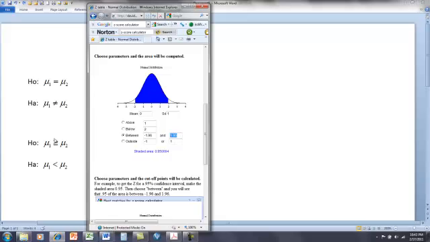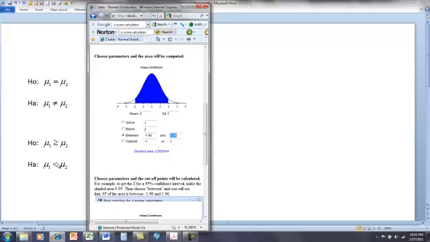In a one-tailed test, there is an inequality in the null hypothesis. It says that the mean of population 1 is greater than or equal to the mean of population 2, and the research hypothesis is that mean 1 is less than mean 2.